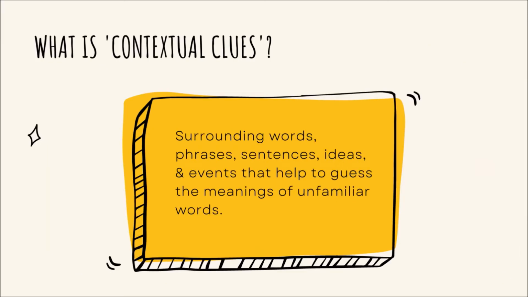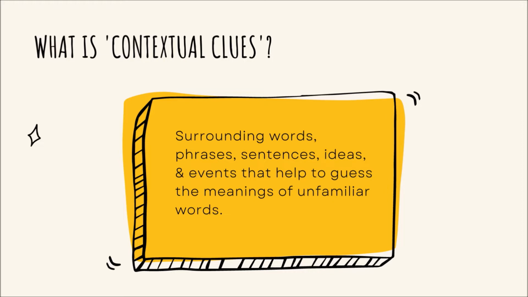Contextual clues. So, what is the meaning of contextual clues? Contextual clues refers to surrounding words or phrases or sentences or ideas and events that help to guess the meaning of unfamiliar words.